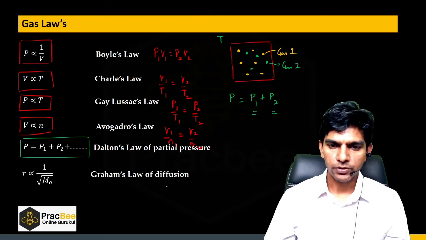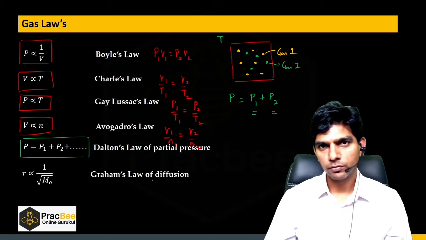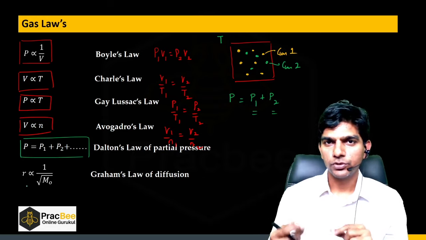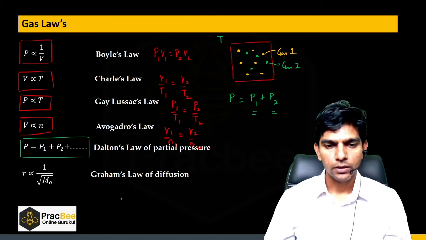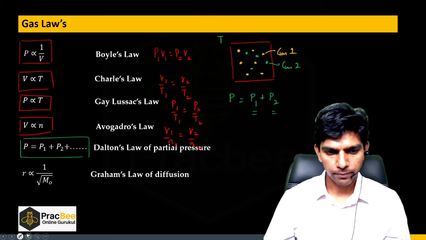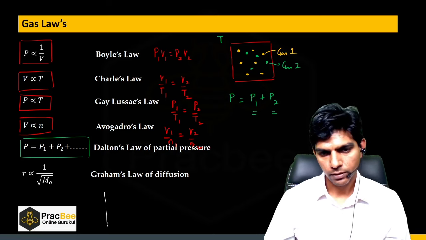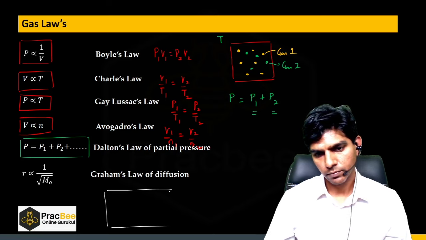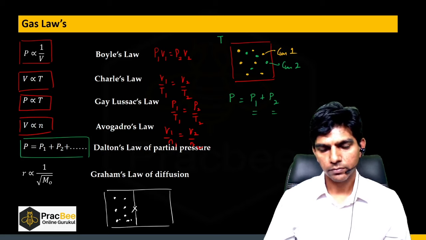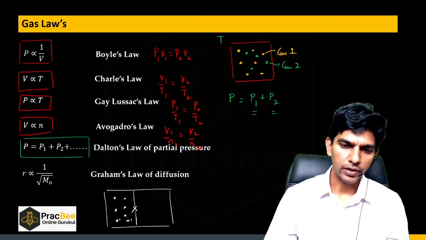Next is Graham's law of diffusion. Again, I haven't seen any question from this law, but you should remember the rate of diffusion is inversely proportional to the square root of the molar mass. And what is diffusion? Suppose we have a gas which is enclosed, say, air. Here there is a valve.